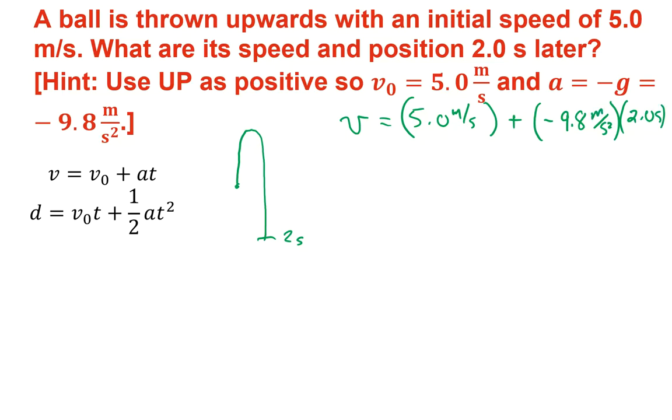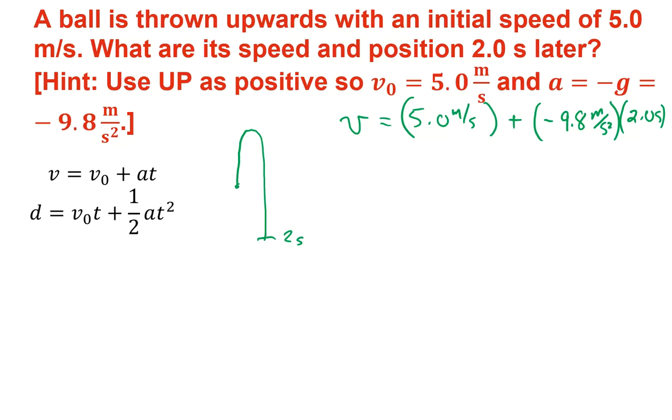So there I have just replaced the variables in the equation with numbers. In physics, we do a lot of math. It's symbols standing for numbers. And then I'm solving for that unknown, the speed.